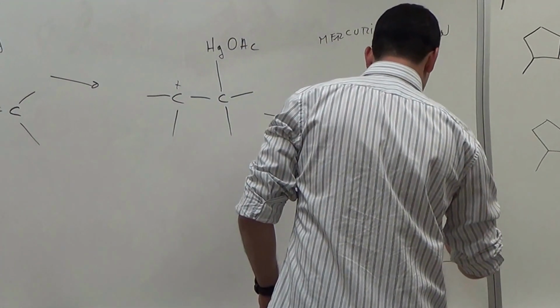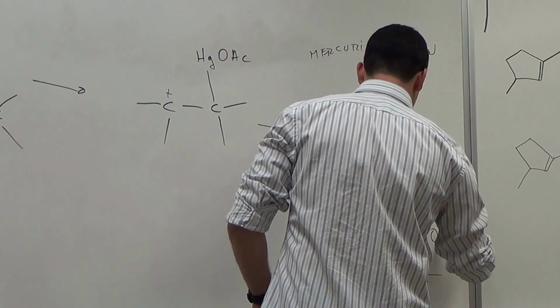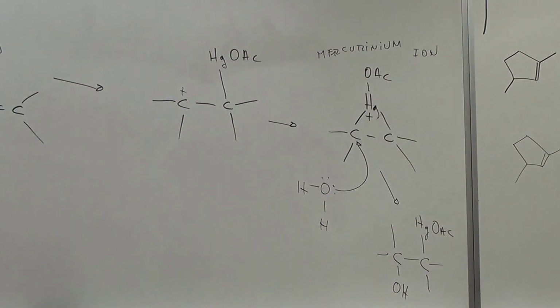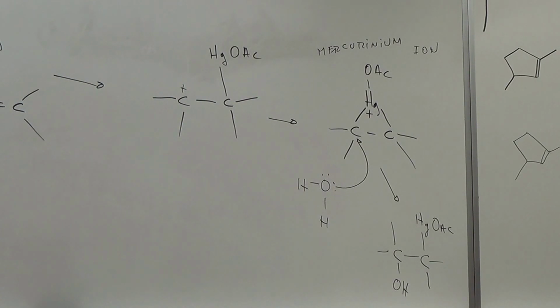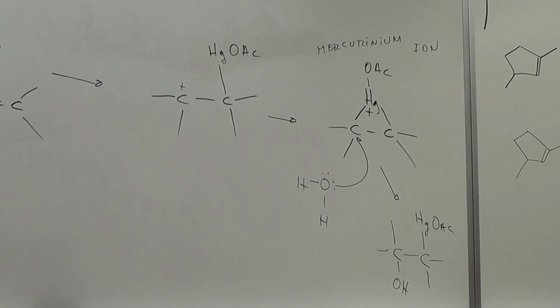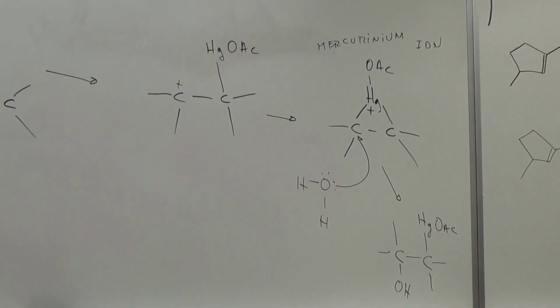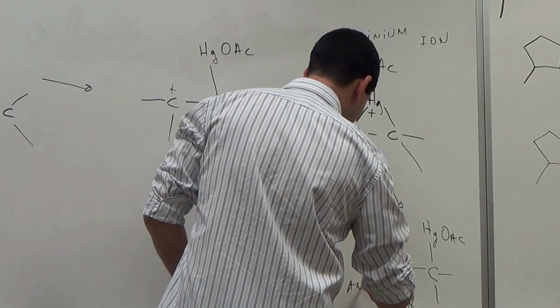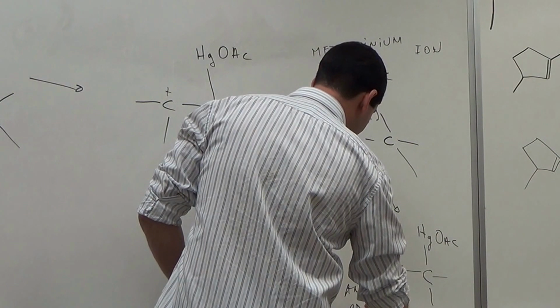And what is going to happen is HG is going to be there. Yes or no? Every time you have this mercuronium ion or bromonium ion, what type of attack is this going to be? This is going to be an anti-addition. I want you to notice, this will be an anti-addition up to this point.